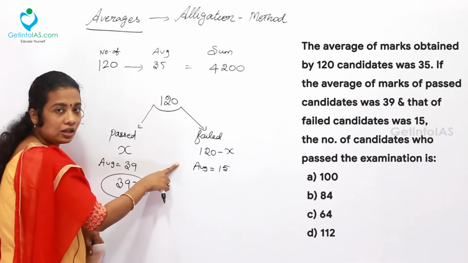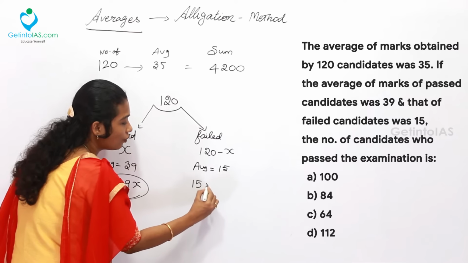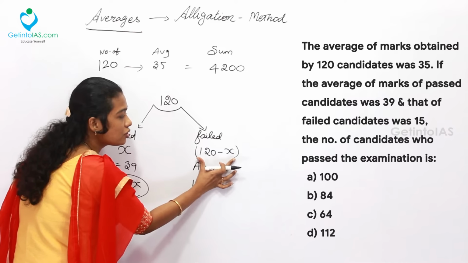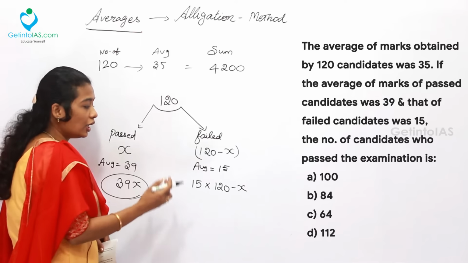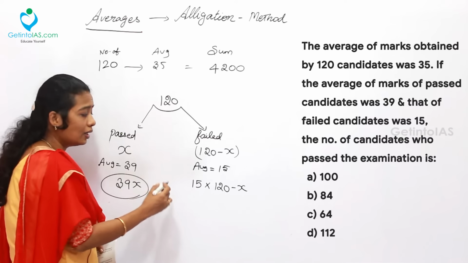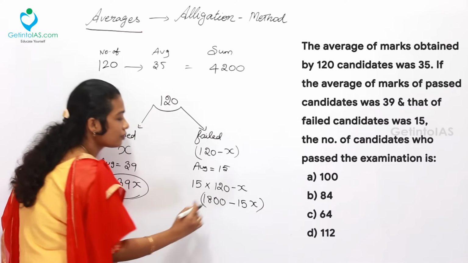In case of failed, you can directly take average is 15, 15 into, take this term, 120 minus x. What is 15 into 120? 10 into 15, 150, plus... 1800 minus 15 into x, 15x.